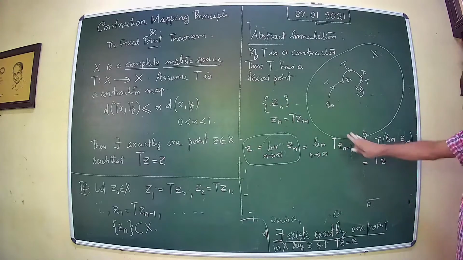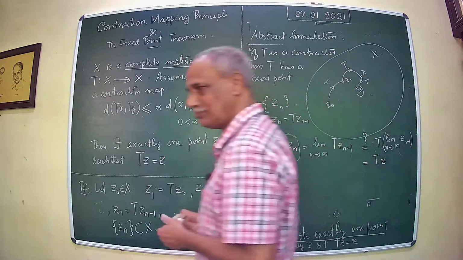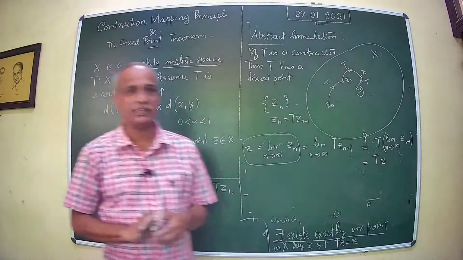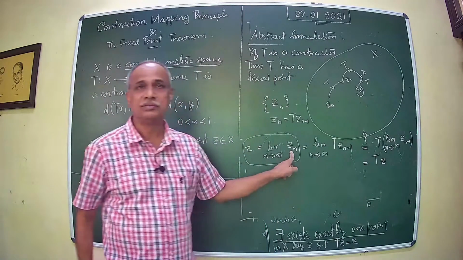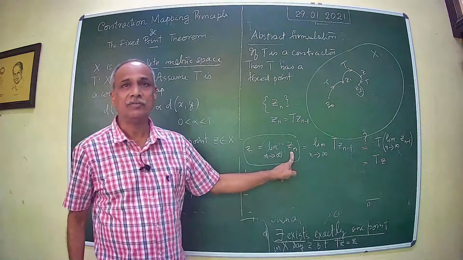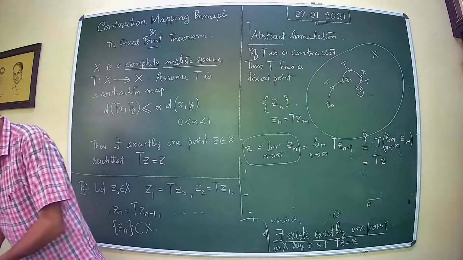Formally, if you can justify all these steps, then Z is the limit of Zn. That is the fixed point that you have. So let me do that.